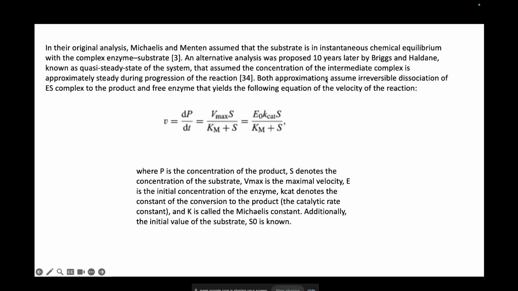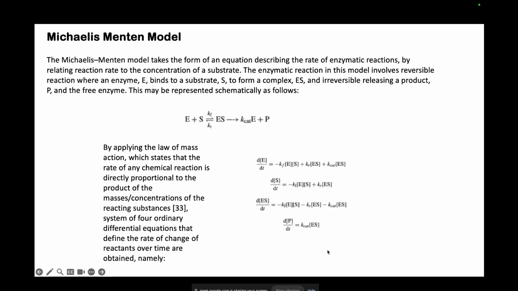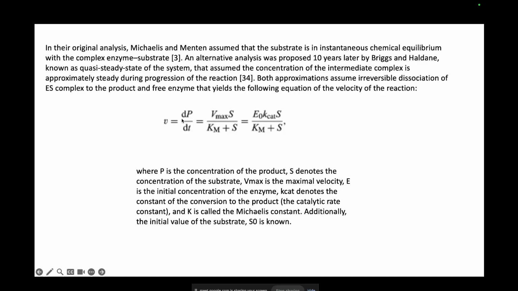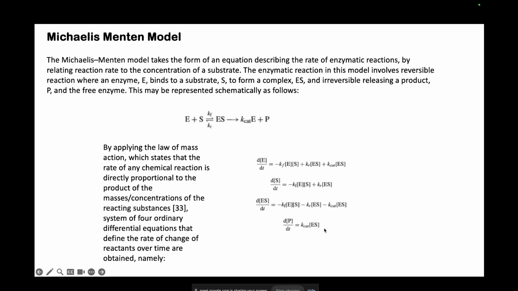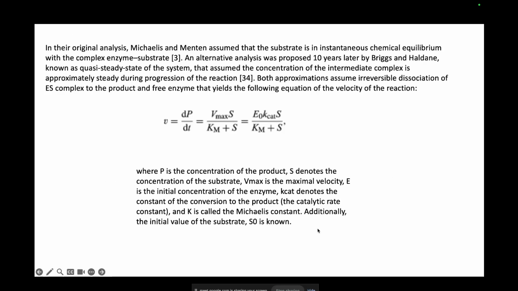Both these approximations assume irreversible dissociation of the ES complex to the product and free enzyme, that yields the following equation of the velocity of the reaction. This is dP/dt right here, so Kcat into ES. Now if you replace all these equations and simplify them, this is what it comes down to.